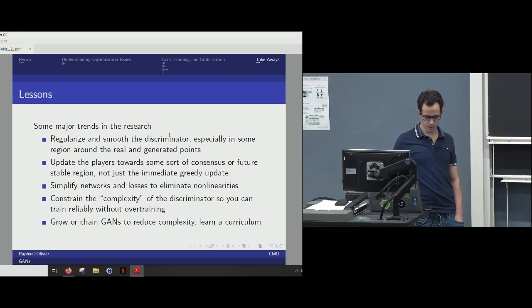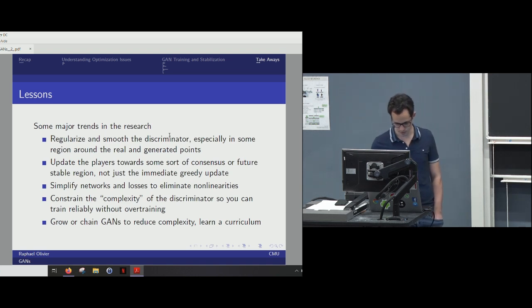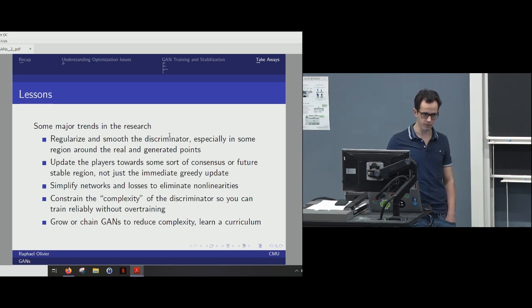You've got the entire WGAN, energy-based GAN family, where you simplify the loss or the networks to a very large extent. You've got methods that constrain the complexity of the discriminator, hoping it's going to solve your problem.